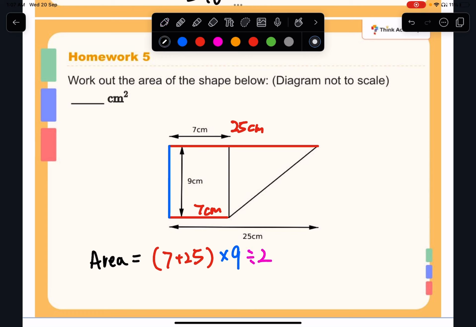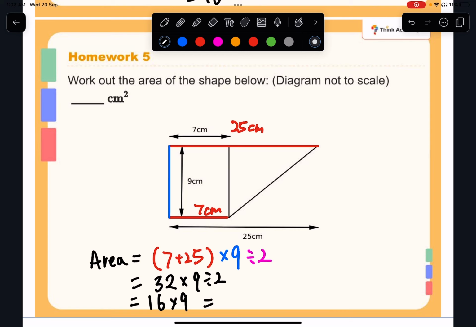So now we can try to calculate the answer. 7 plus 25, 32 times 9 divided by 2. So it looks a little bit difficult to calculate. You can divide by 2 first. So 32 divided by 2 equals 16, right? So what is 16 times 9? 16 times 9 equals 160 minus 16.